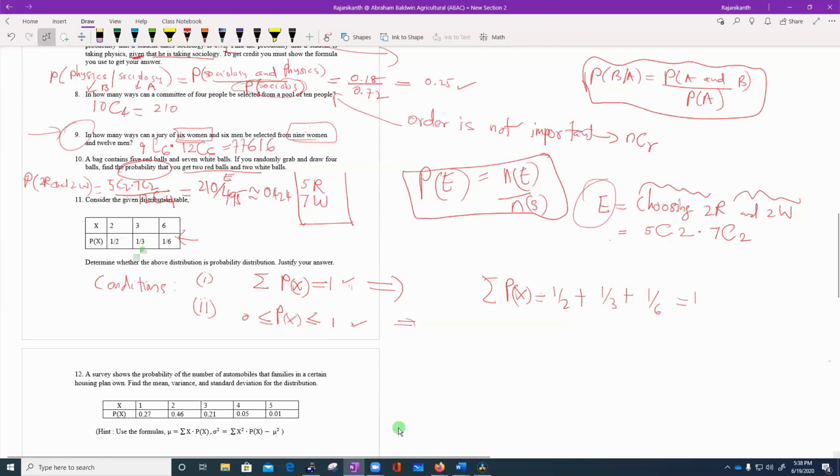So the second condition is also correct, right? All the probabilities are 0 to 1. Therefore, both conditions are satisfied. So the given distribution is yes, a probability distribution. The answer is yes. The reason is these 2 conditions. So if you are asked to check whether the given distribution is a probability distribution, make sure that you are showing these 2 work.